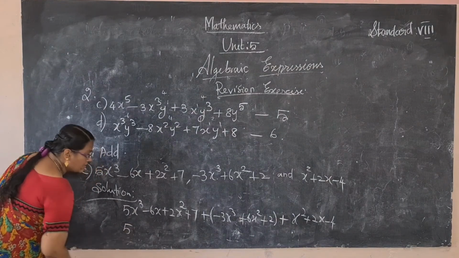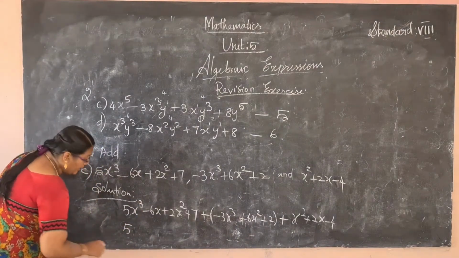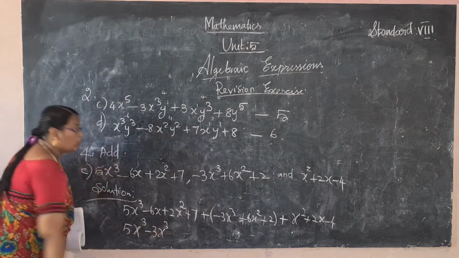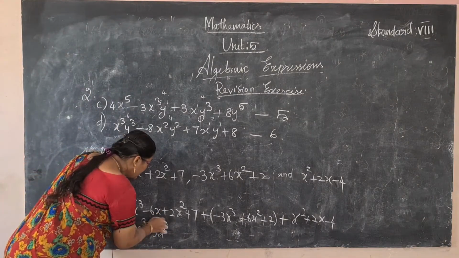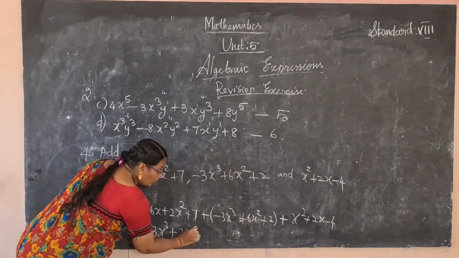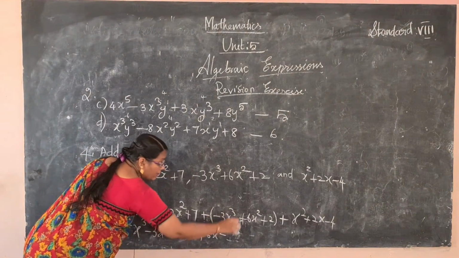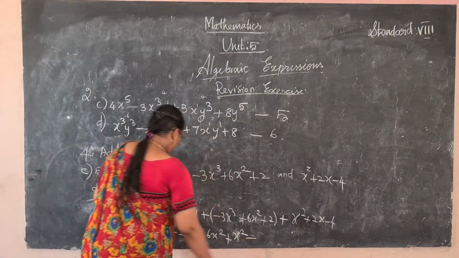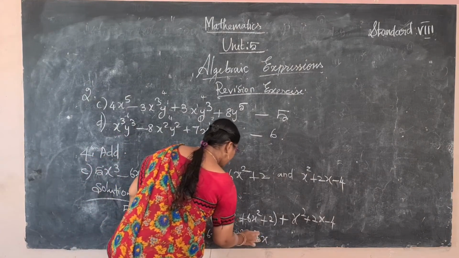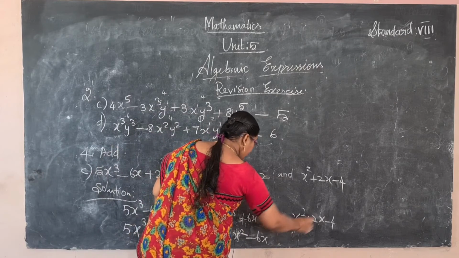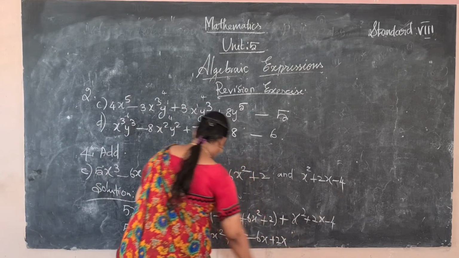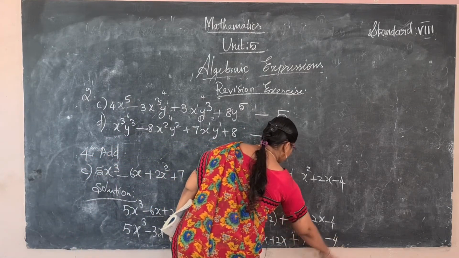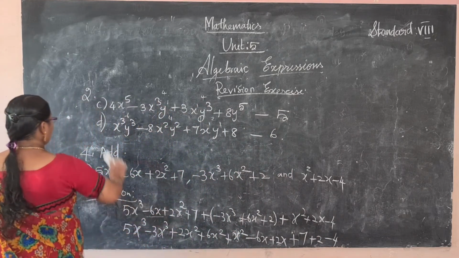So first arrange the like terms with the power of 3: 5x^3 minus 3x^3, and next the squares: 2x^2 plus 6x^2 plus x^2, and next minus 6x plus 2x, and the constant terms 7 plus 2 minus 4.